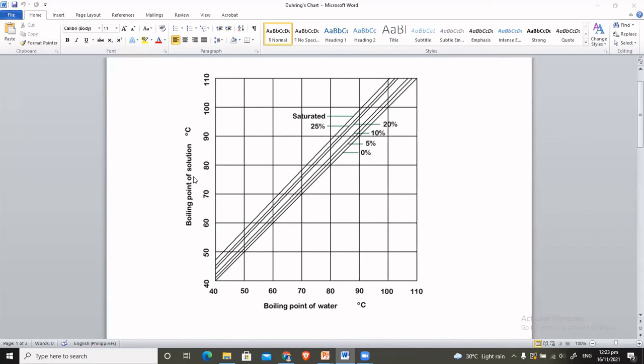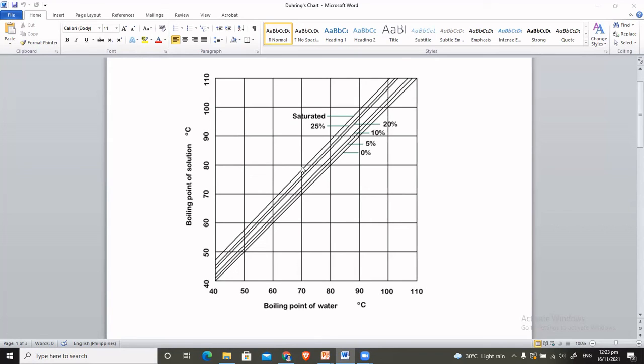Now, as I've said a while ago, you need the solid content of your solution with the saturation temperature of that particular solution. For example, the saturation temperature of your solution is only 70 degrees Celsius. Now, let's say that solution contains, what's the highest here?